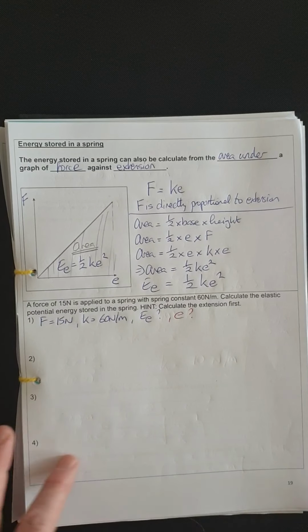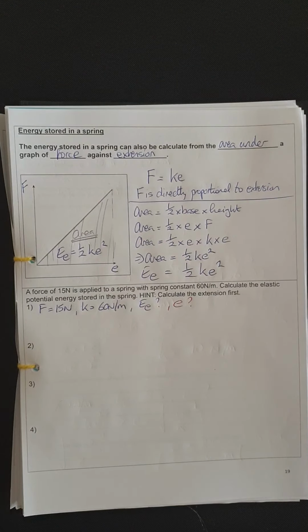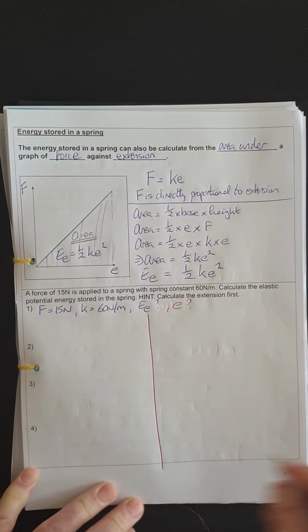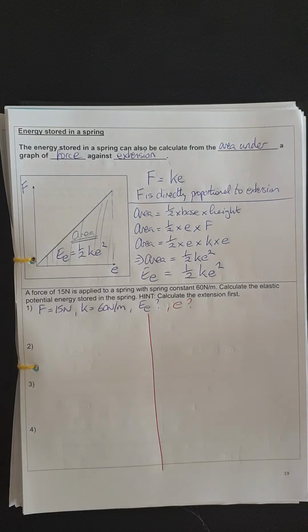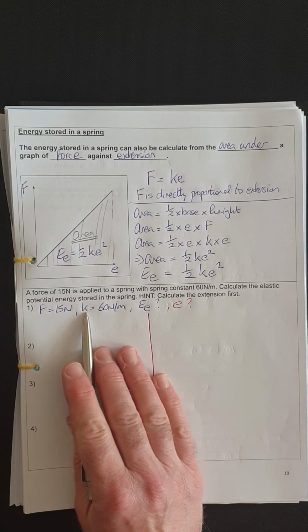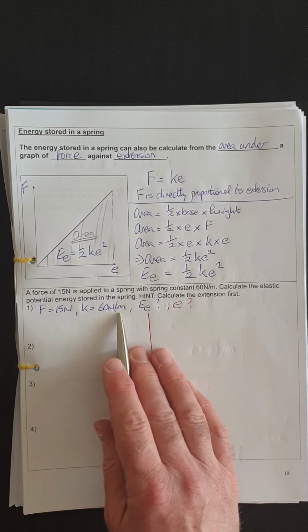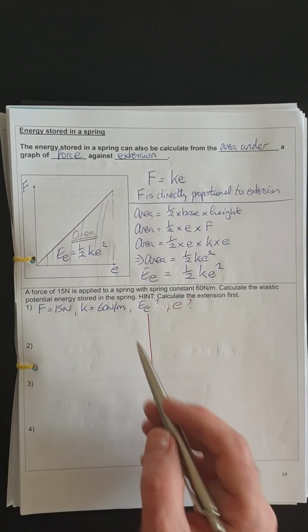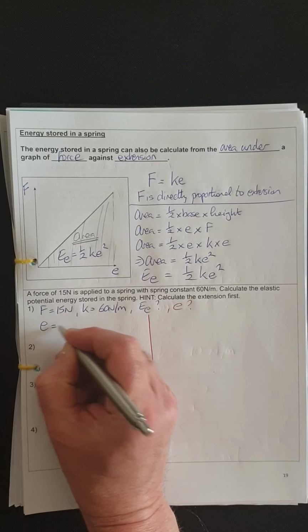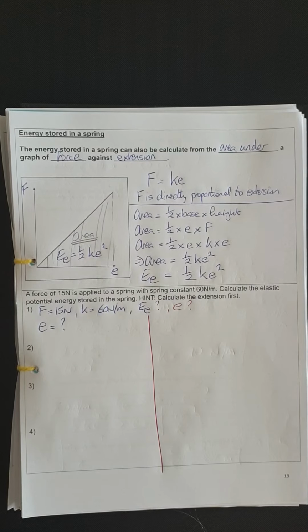This would typically be a 4 or 5 mark question because here we're going to have to use two equations. So I'm going to do this in two parts. I'm missing the value for the extension to be able to work out my elastic potential energy, so I'm going to work out what that is first of all.